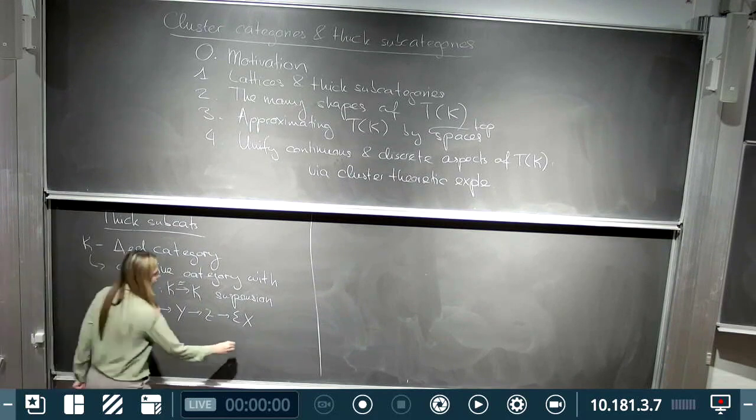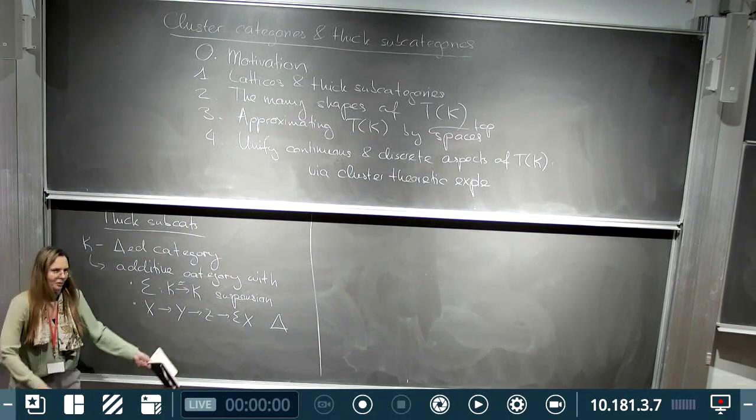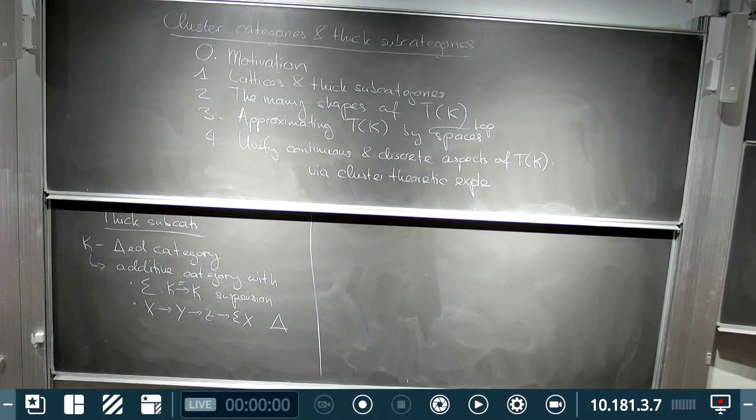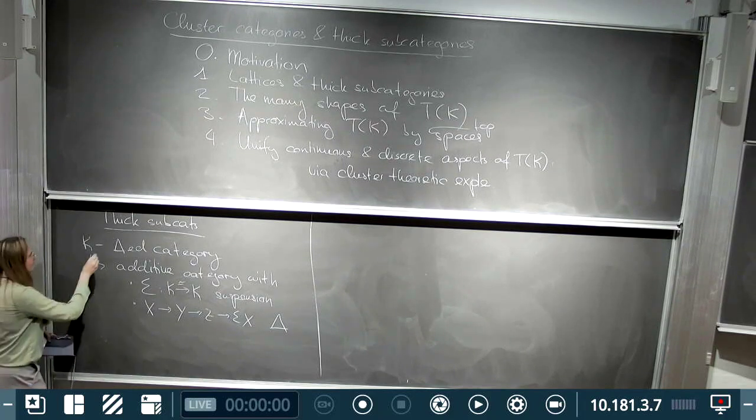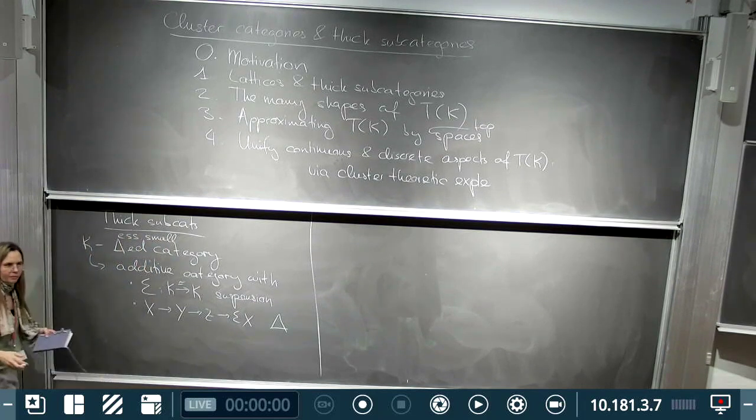I'm just going to write triangle when I talk about distinguished triangles, satisfying a whole bunch of axioms that loosely try to emulate a long exact sequence. And of course don't, but we know that. So we pick our favorite triangulated category, and throughout, just in case I forget to say that later on, I will want them to be essentially small, which in practice all the examples I will talk about are. That is just because when I talk about lattices, I want the lattice to be a set.